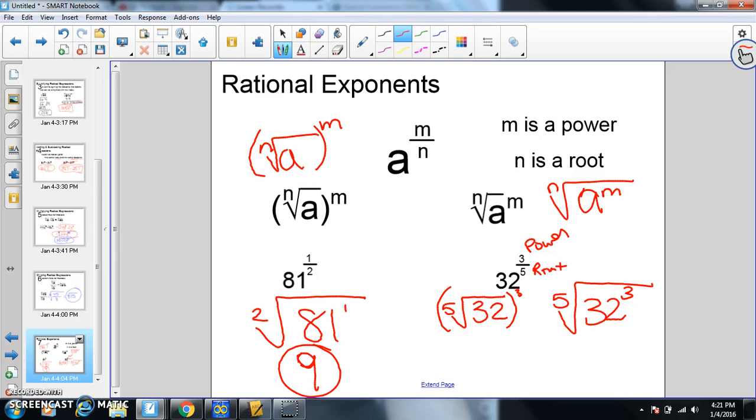Do we know in our calculator or in our brains what the 5th root of 32 is? It is 2. So then, wouldn't that be easy to have 2 cubed, or 2 raised to the 3rd power, which is 8.